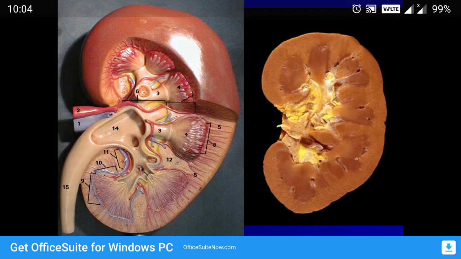When the blood passes through the glomerulus, unwanted substances will be filtered out as urine. This urine will be collected in the collecting ducts and then enters into the renal pelvis. You can see the left side figure showing you the collecting system, the renal pelvis leading to ureters.